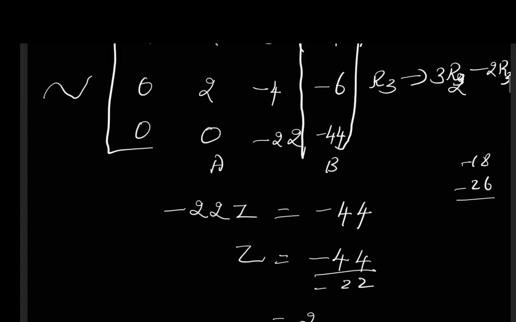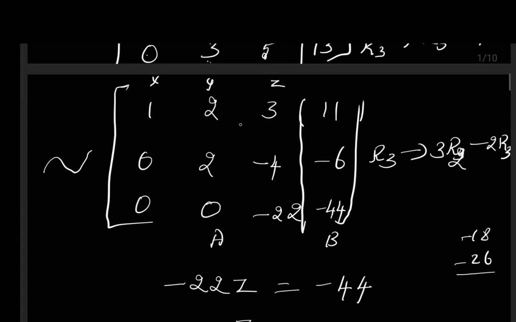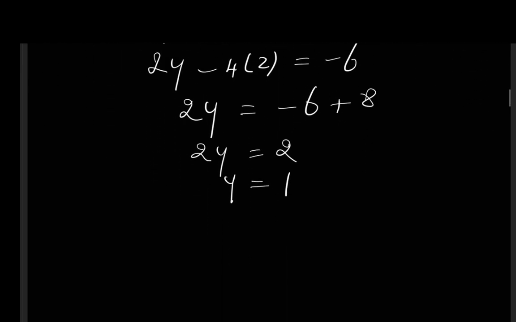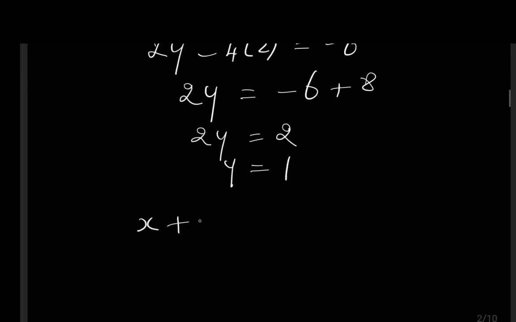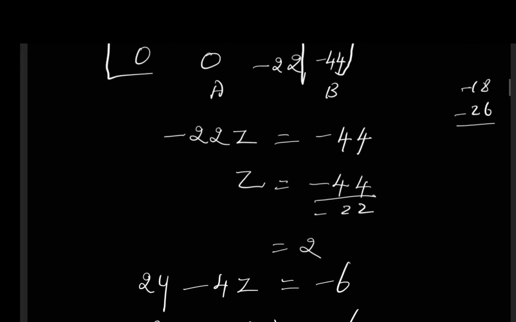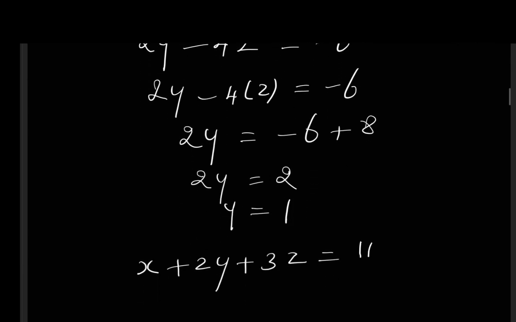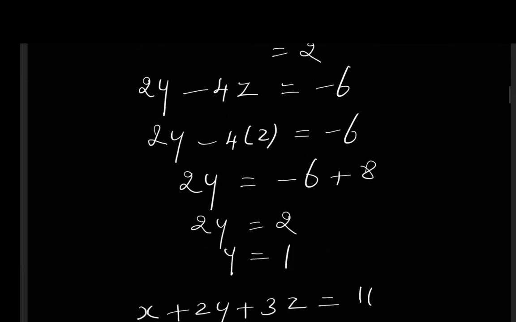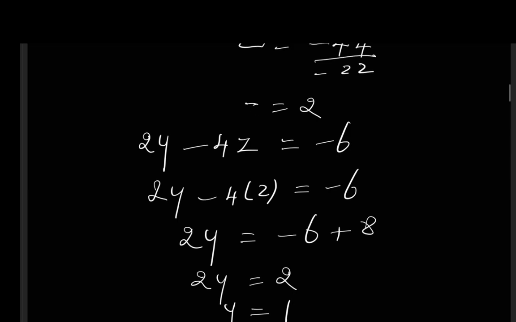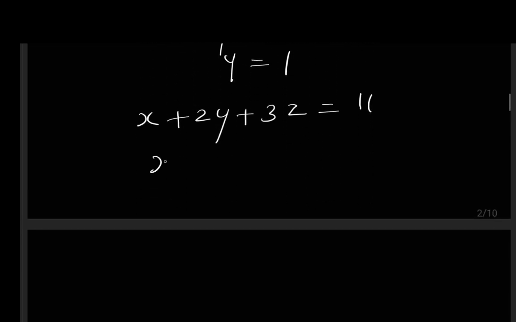Take the first row, 1, 2, 3: x plus 2y plus 3z equals 11. Substitute y as 1 and z as 2. So x plus 2 into 1 plus 3 into 2 equals 11.